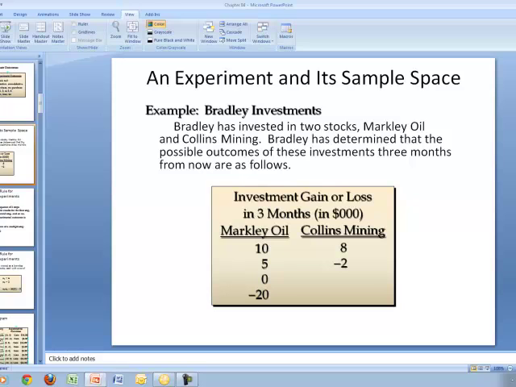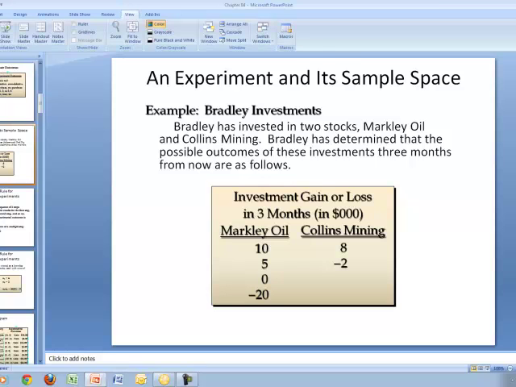For Markley Oil, one outcome is that there will be a profit of $10,000, or $5,000, or 0, or a loss of $20,000. Hence, for Markley Oil, there are 4 possible outcomes. On the other hand, for Collins Mining, there are 2 possible outcomes: a profit of $8,000 or a loss of $2,000.